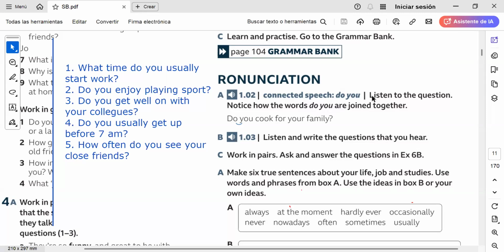Yes, I think I get on well with my colleagues. Do you usually get up before 7 a.m.? Nowadays, I usually wake up before 7 a.m. How often do you see your close friends? At the moment, I hardly ever see my close friends.